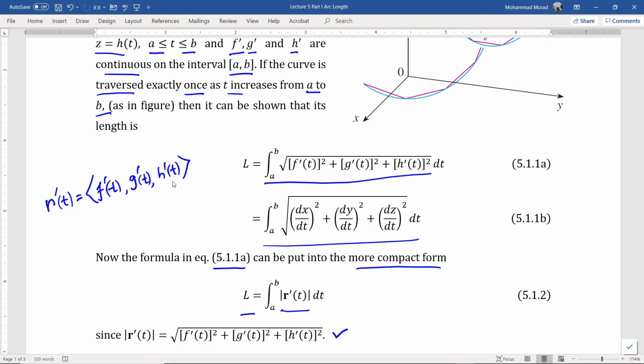The quantity here in equation 5.1.1a is in fact the magnitude of the vector r prime. So the equation 5.1.1a takes a very simple form as shown in equation 5.1.2.